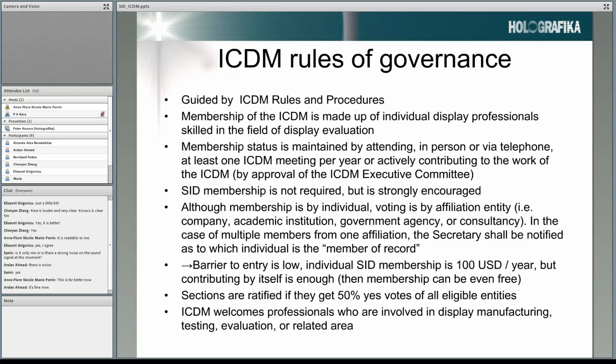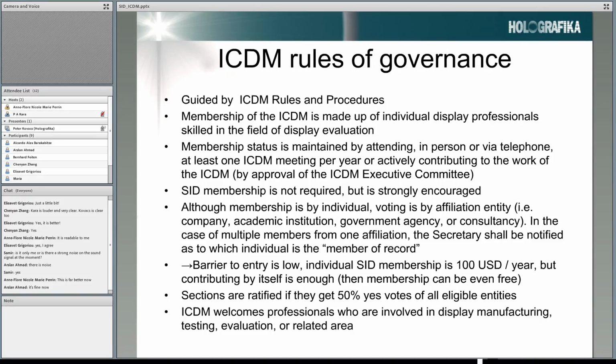Being a member of the larger body SID is not required, but is strongly encouraged. And by having individuals in this body, they had to make sure that a bigger company is not having the majority of votes. So each company, academic institution, agency or consultancy has a single vote, and there is one individual representing that body when there is a voting.